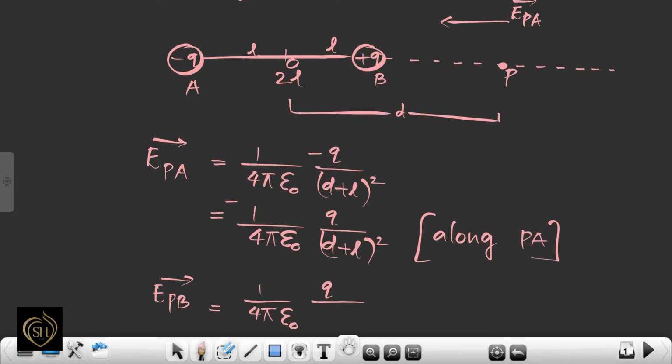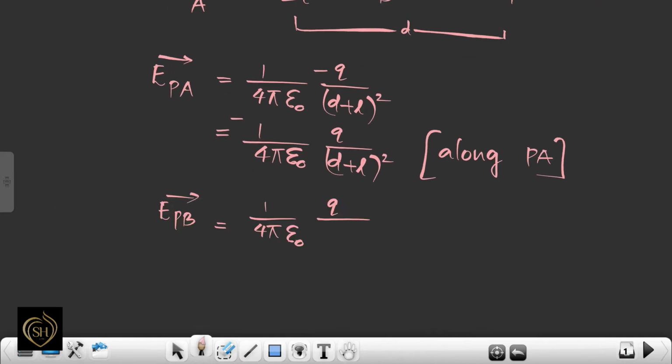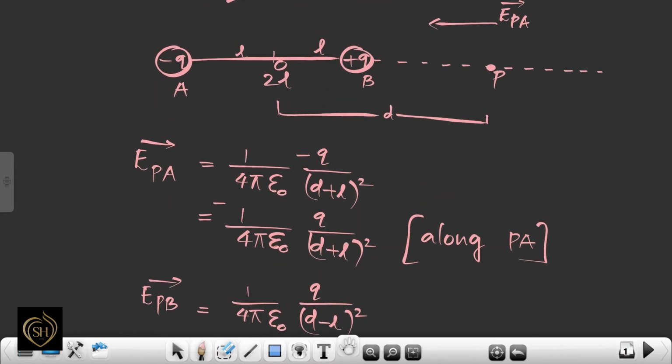It is d minus L. So, d minus L, the whole square. Then what about the direction? Since our charge is plus Q, the direction will be outwards. Or if N is a random point, the direction will be along PN.